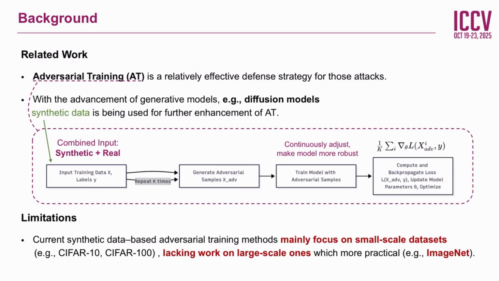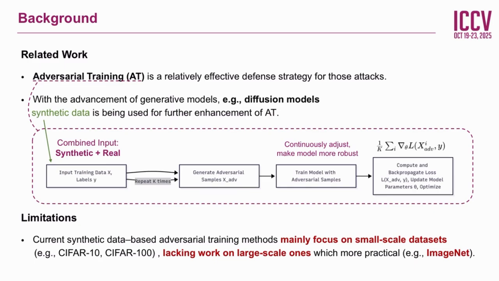So, moving on to related work. As we mentioned earlier, adversarial training, or AT, is a well-established and effective strategy for defending against such adversarial attacks. However, there is rapid advancement in generative models, such as the diffusion models shown in this diagram. The idea is to combine the real data and synthetic data to generate the adversarial samples.